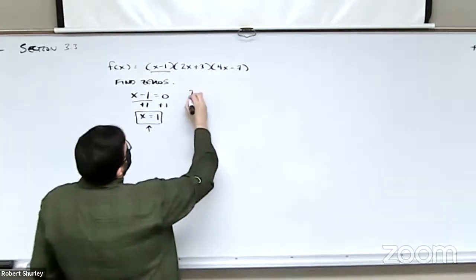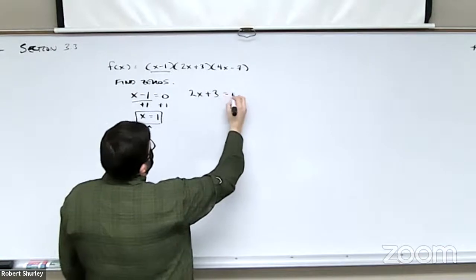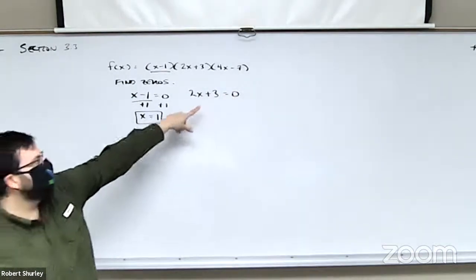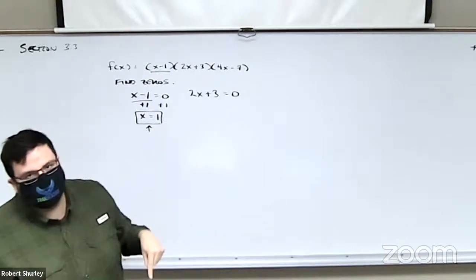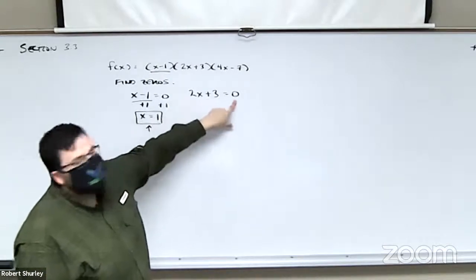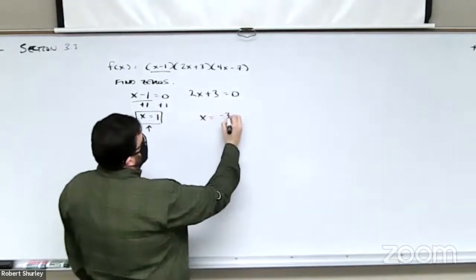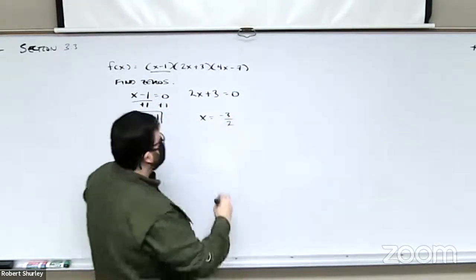Then if we have 2x plus 3 equals 0, I'm going to do this in one step to be efficient. We subtract the 3 and then divide by the 2, so you wind up with negative 3 halves.